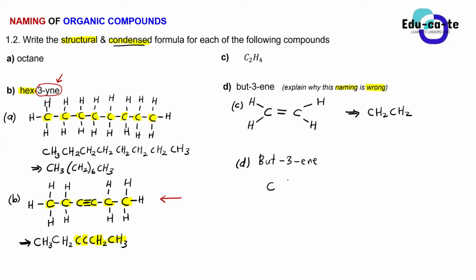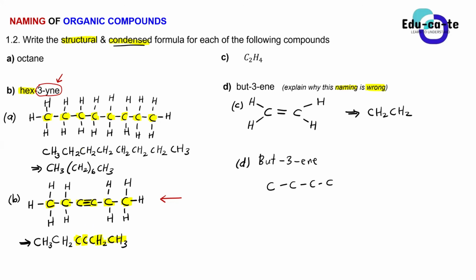Why is it a triple bond? Okay, let's say C, then a single bond. I started from the back. Okay, continue. Then another C. Then the fourth one. Then the triple bond, I'll put it in the third carbon.